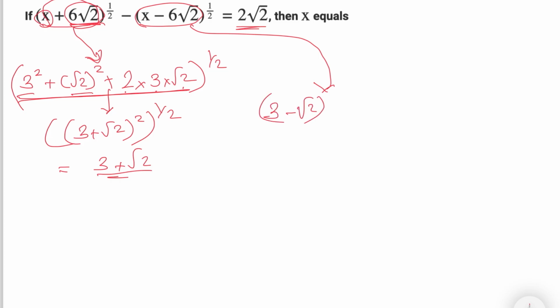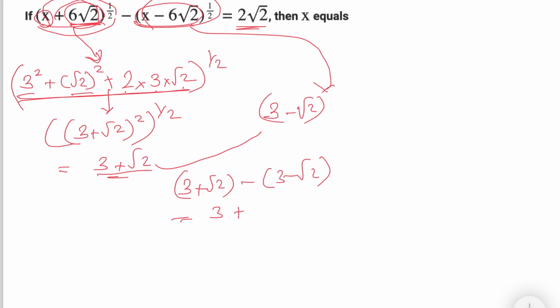By the same logic, the last step is we'll be subtracting these two. So this whole thing minus this whole thing is actually 3 + √2 − 3 − (−√2), right? Minus of minus makes it plus. Minus 3 and plus 3 gone. The final answer is nothing but 2√2, and that matches, right?